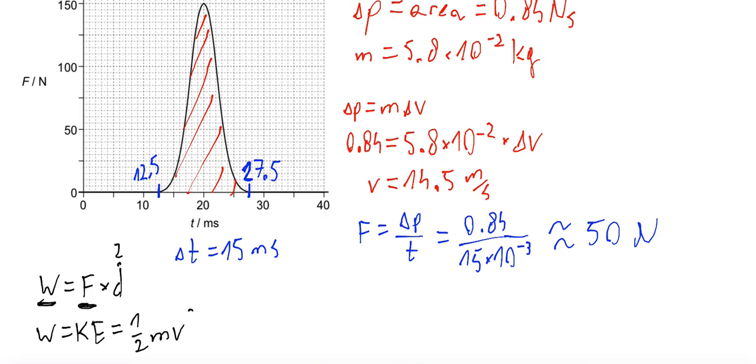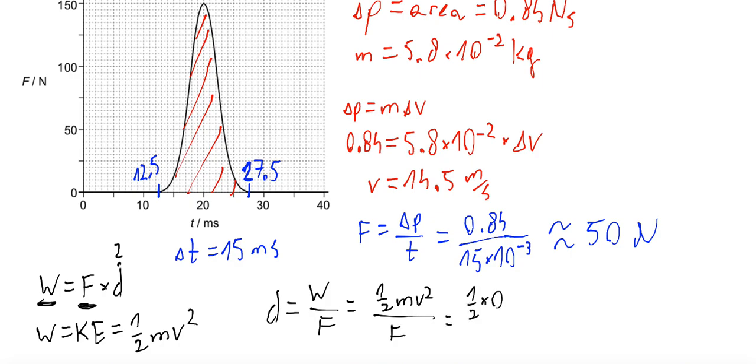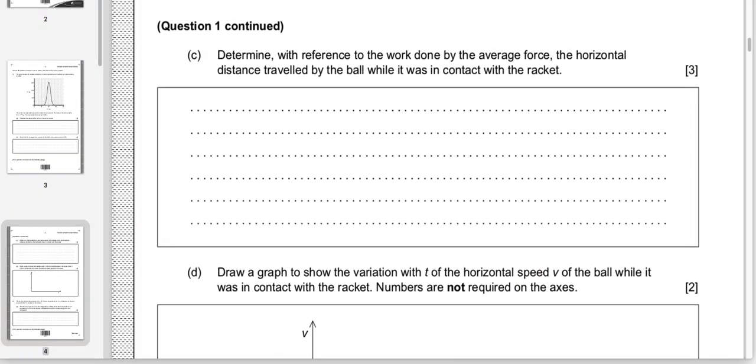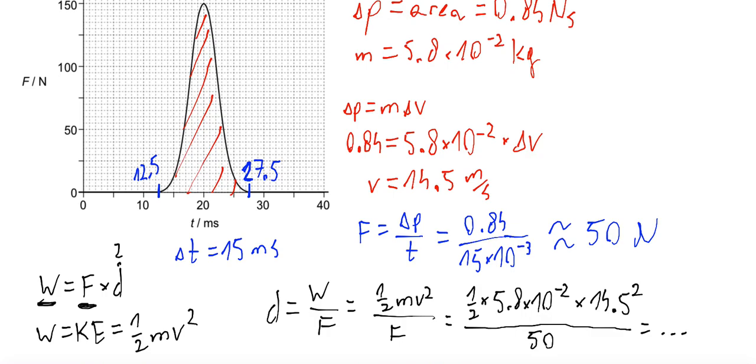So in an easy way, you can calculate the kinetic energy and substitute into the equation, obtaining that distance is work over force, or half of mv squared over force, so half of 5.8 times 10 to the power of minus 2 times 14.5 squared divided by the average force. And I think, as I remember, this data is not needed. Yes, it is not needed, so put it in the calculator and you have the answer for C.